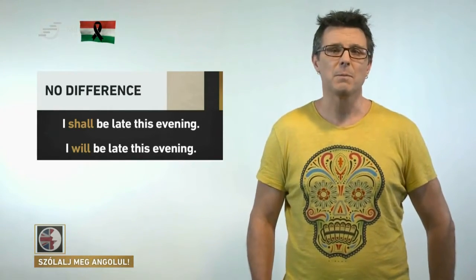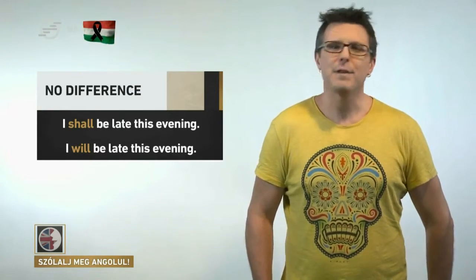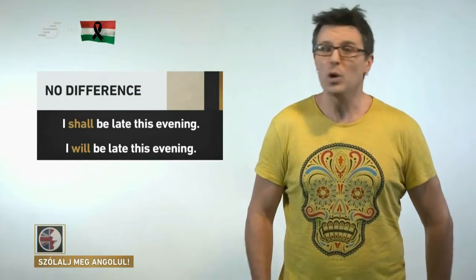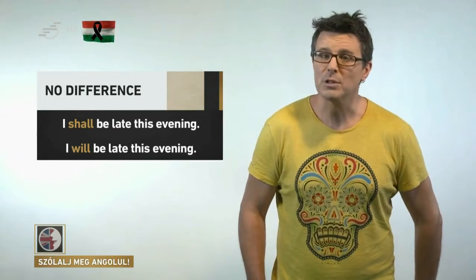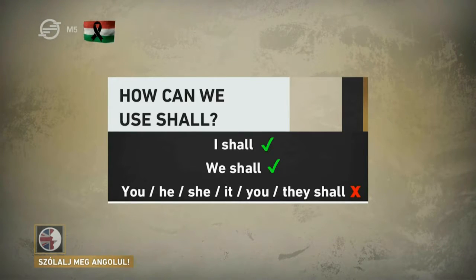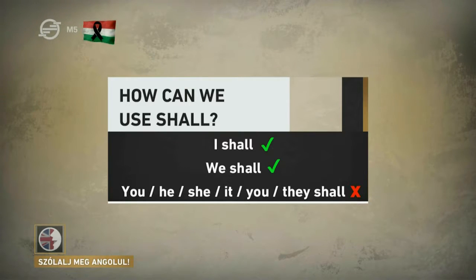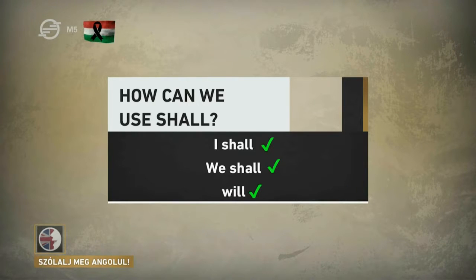It's not important. I'll be late this evening. We can't tell if the 'll is will or shall, but it's not important. Now, the important thing is that we use shall with I and we, but not with the other personal pronouns. For the other personal pronouns, you, he, she, it, you, and they, we only use will.